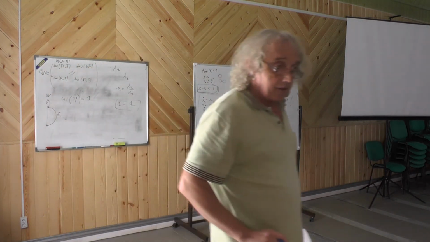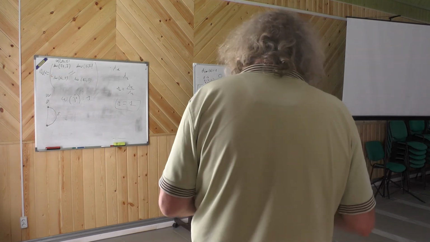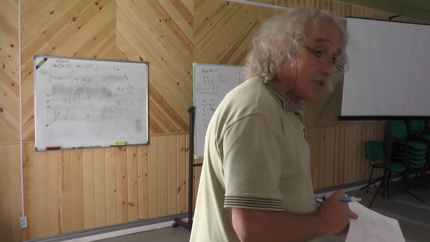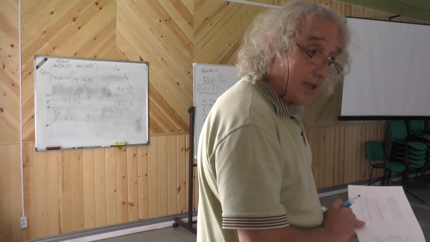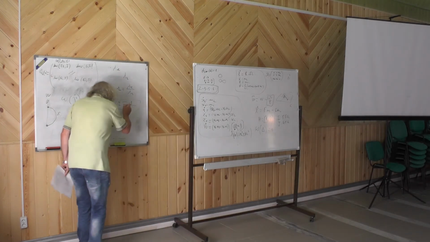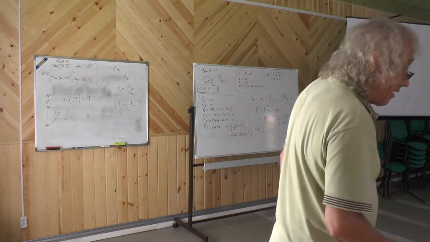It's the only thing that I have to compute. It turns out that the Hamiltonian system attached to the metric is integrable in the case R equals 1. This is a miracle.